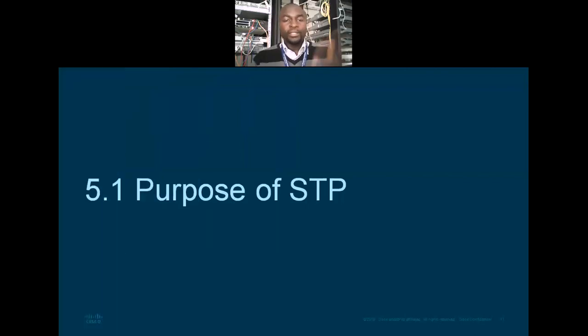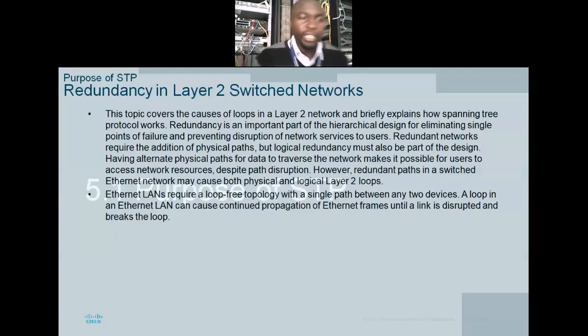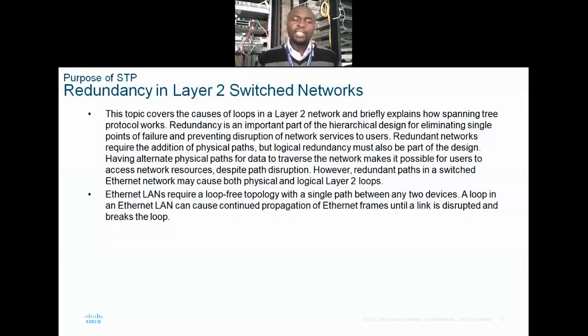All right, so let's go straight. Now, what is the purpose of spanning tree protocol? The main aim of spanning tree protocol is when you build a network with redundancy, you want to avoid certain loops, certain looping of certain kind of traffic.